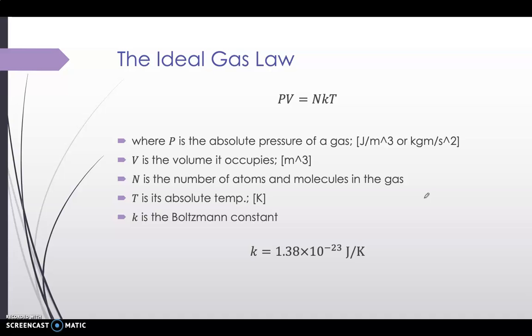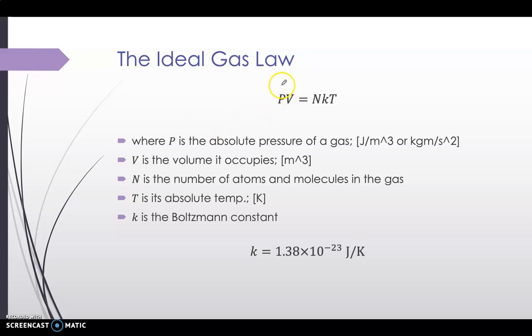Now I want to mention something about the ideal gas law, and this will be used over and over again, so make sure you remember this. The ideal gas law is pressure times volume equals the number of atoms or molecules in the gas times the Boltzmann constant times the absolute temperature of the gas.